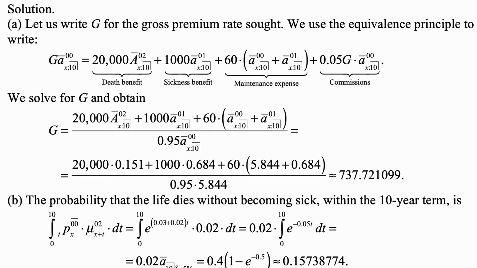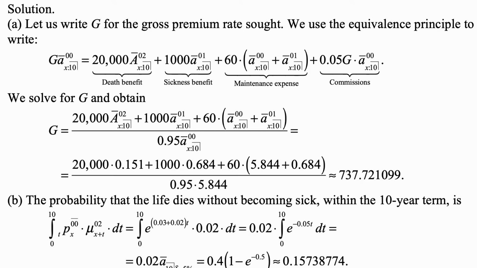And here's the solution. Let us write G for the gross premium rate sought. We use the equivalence principle to write that G times A bar x colon angle 10, 0 0 bar is equal to 20,000 A bar x colon angle 10, 0 2. So the left-hand side is just the actuarial present value of gross premiums, and the first term here is the actuarial present value of the death benefit, plus 1,000 A bar x colon angle 10, 0 1, the actuarial present value of sickness benefit, plus 60 times A bar x colon angle 10, 0 0 plus 0 1, that's the actuarial present value of maintenance expenses.